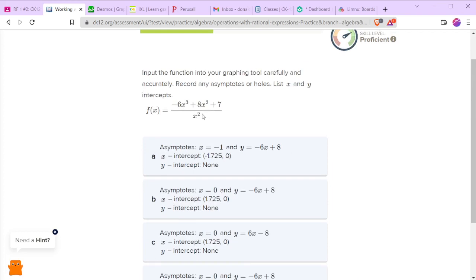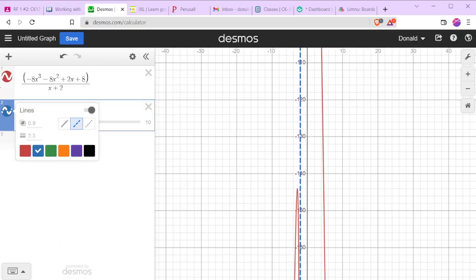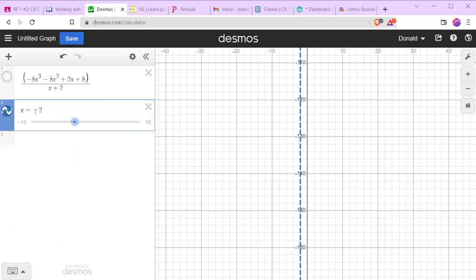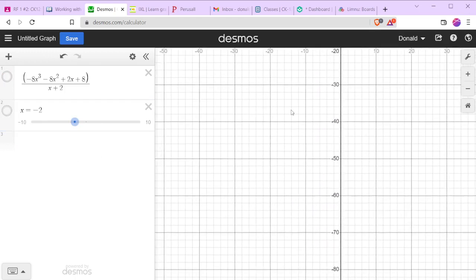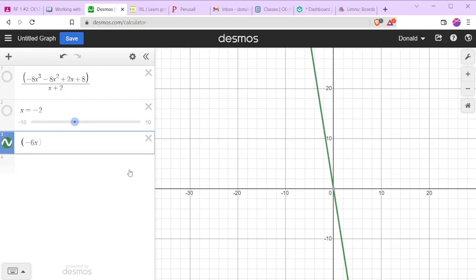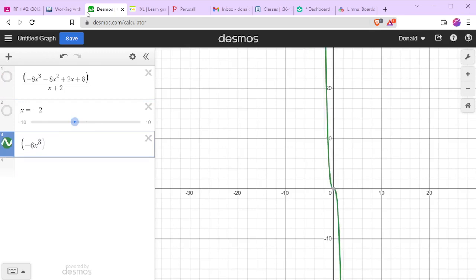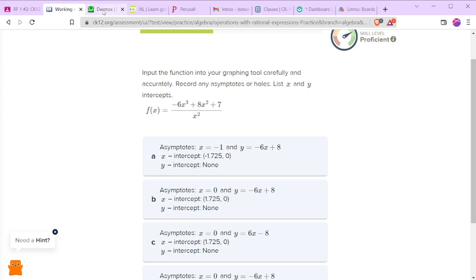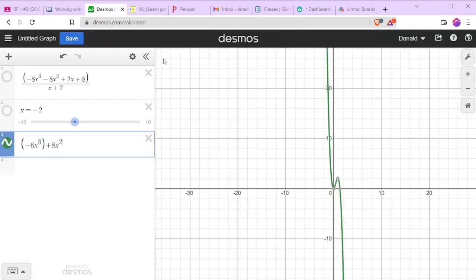Now, this one, we've got a -6x cubed plus 8x squared plus 7. Let me just turn these off. So, -6x cubed plus 8x squared.